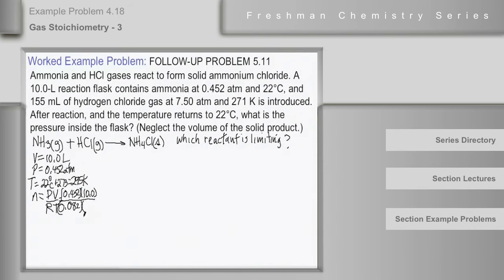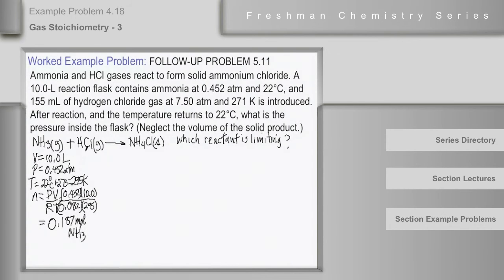I'm leaving units out here because I don't have very much room on this slide. And 295 kelvins. When we carry out that calculation, with the proper units present, we find that the number of moles of ammonia is 0.187 moles of NH3.